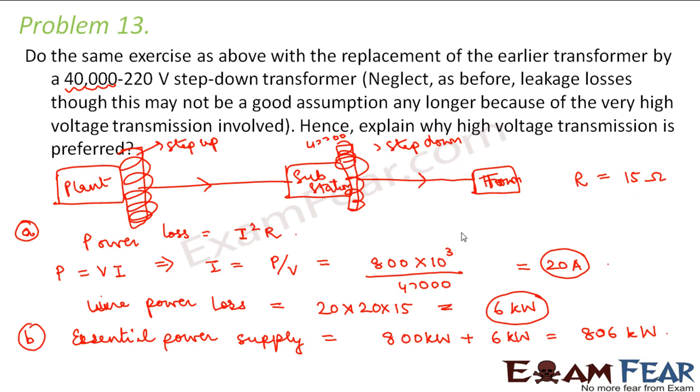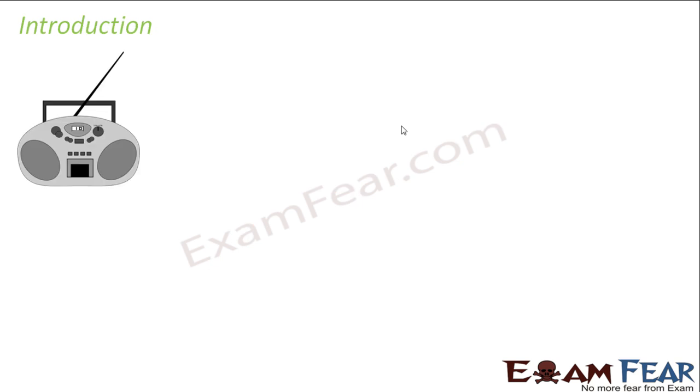So this is how we reach the end of the lesson on alternating currents. Once we have studied all these things, let us get back to the introduction slide. Now if you look at this introduction slide, you will yourself be able to relate how alternating currents play a role in each of these applications. The first thing which you can see here is a radio.